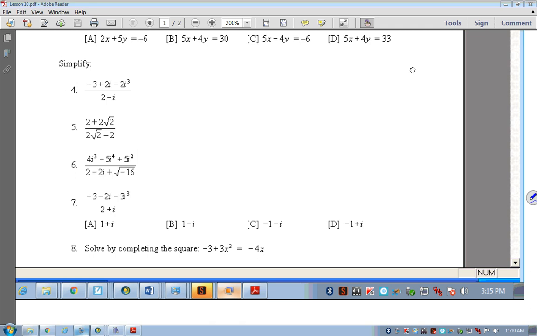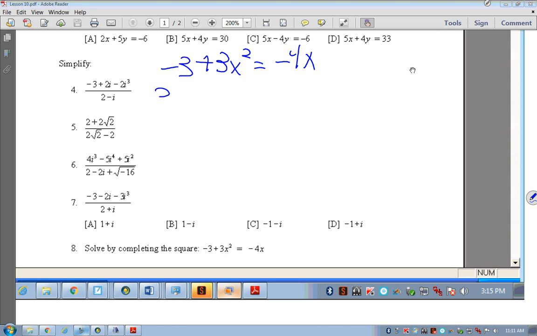Okay, we've got negative 3 plus 3x squared equals negative 4x. The first thing that I've got to do to this is get everything in order and get it all set equal to 0.